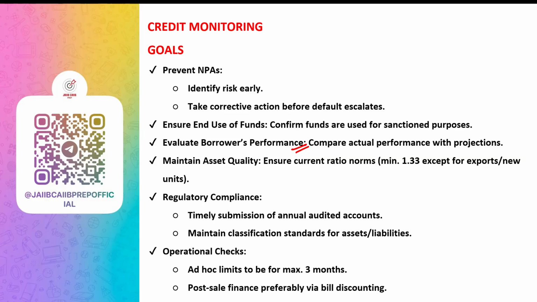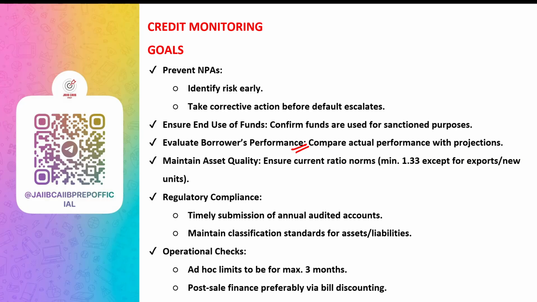Then there are certain parameters the bank keeps a close eye on, like account transactions, stock levels, valuation of stock, performance indicators, and financial ratios. For account transactions, are the deposits and withdrawals matching the borrower's production and sales? Does the actual stock match the estimate given during the loan application?